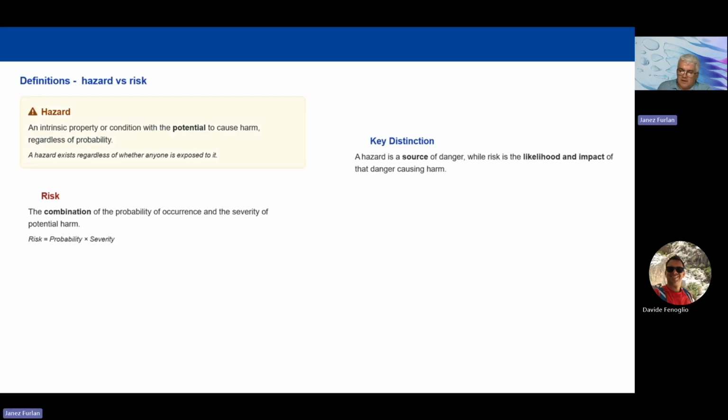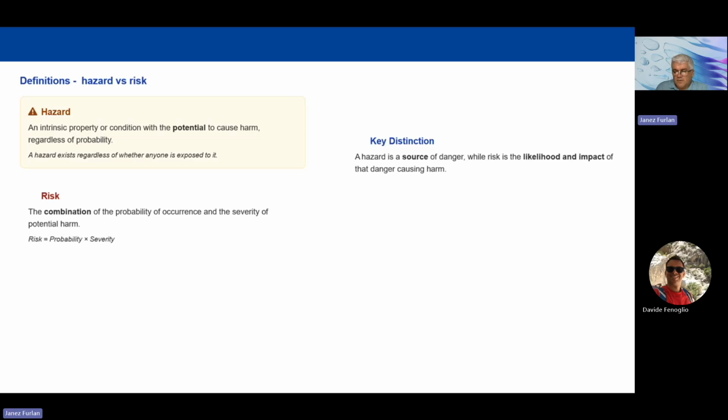In this slide, I would like to point out the difference between hazard and risk. There is a big difference, while many times this is understood as the same thing, which it is not. Hazard is only an intrinsic property or condition with the potential to cause harm, regardless of the probability that it will happen. That means hazards exist even if nobody is exposed to them.